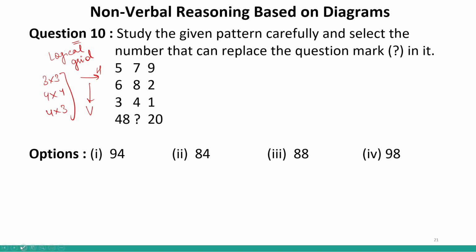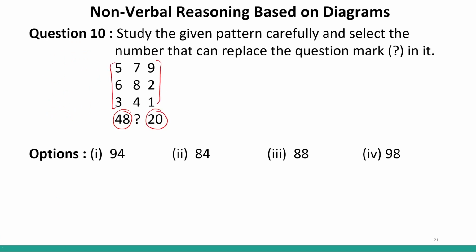Okay. So in this particular grid, I can see that these numbers are significantly bigger than these numbers. So 48 is so much bigger than 5, 6 and 3. So I can assume that certain operations are being carried on 5, 6 and 3 to get 48. And whenever we see such a huge jump, we assume that we are multiplying.